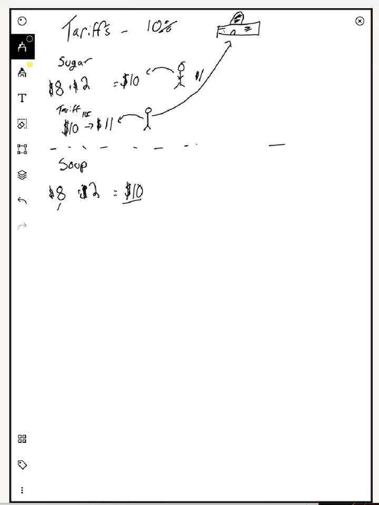Because the cost of goods, and we'll just make it easy, is $5 of sugar and $3 of other stuff, plus 2, equals, because now the tariff comes into play, that $5 is now $5.50.